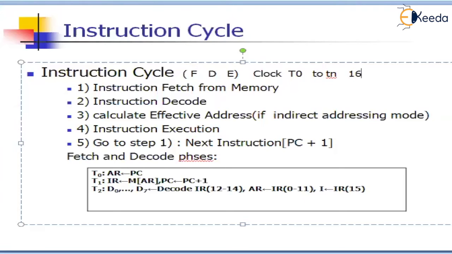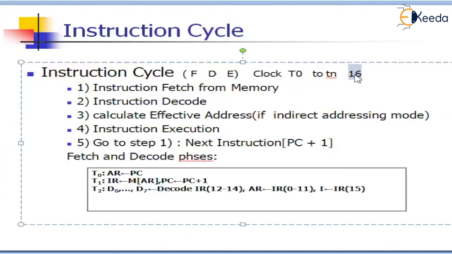My computer system is going to count from 0 to 15. That means that for executing an instruction, I'm giving a maximum of 16 clock pulses, during which the instruction should be fetched, decoded, and executed.